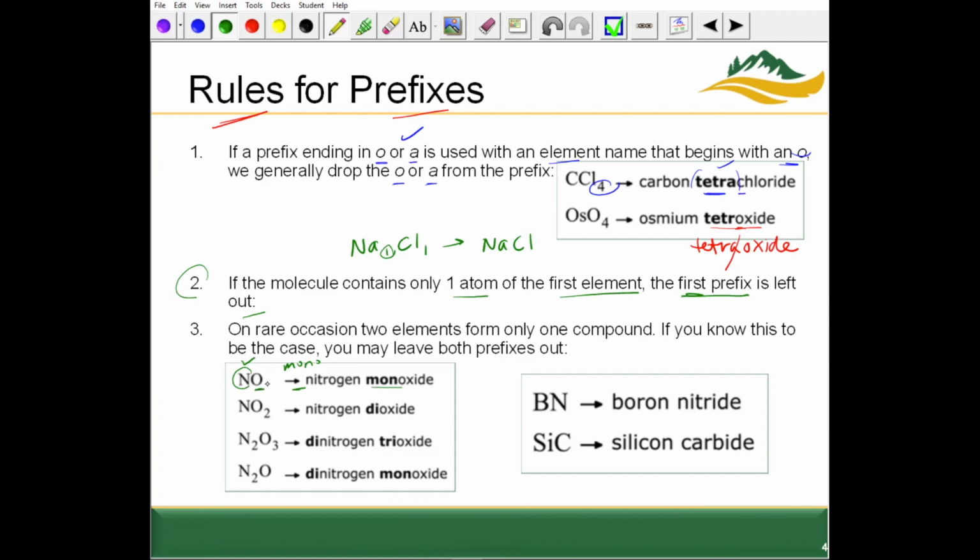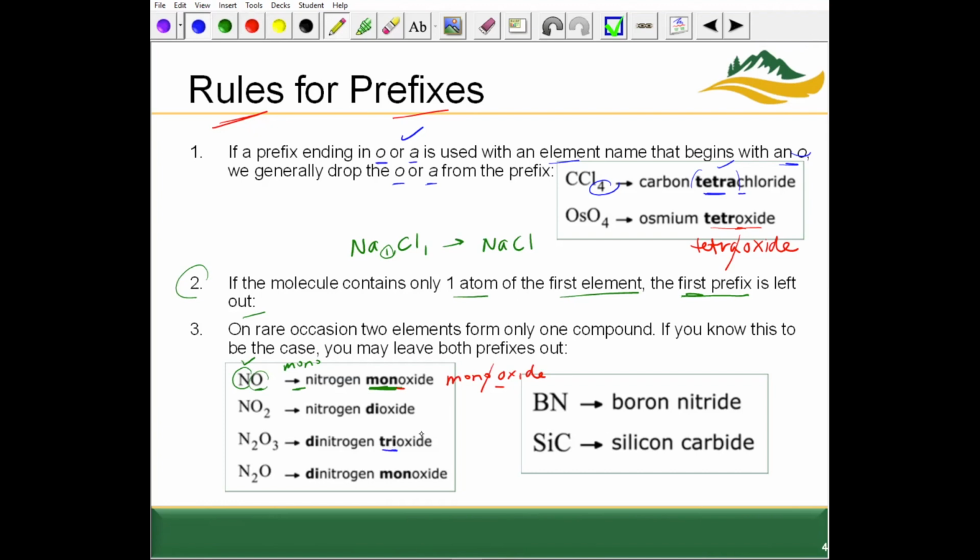If there's 1 oxygen though, and that's the second element in the compound, we do include that mono there. Notice again what we needed to do. We dropped the O on the prefix, so we didn't end up writing monooxide. We dropped the O on the prefix because this element begins with a vowel.